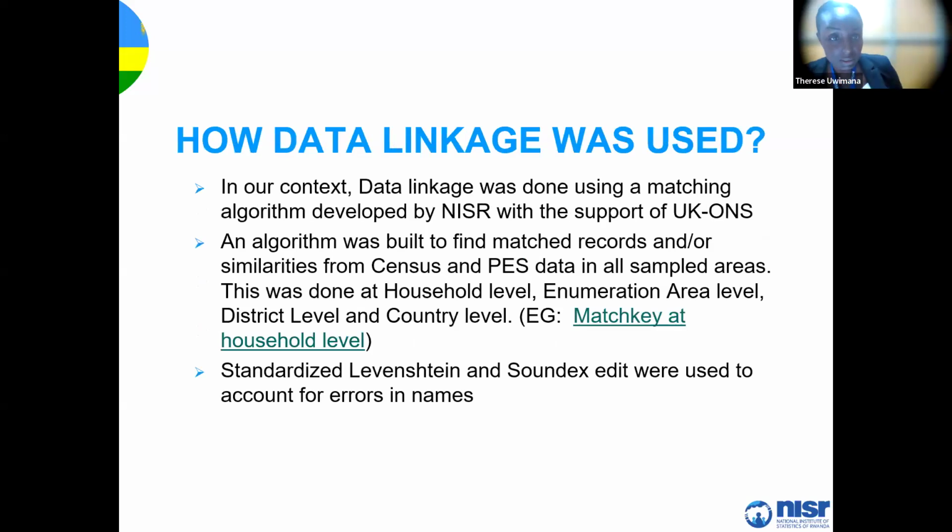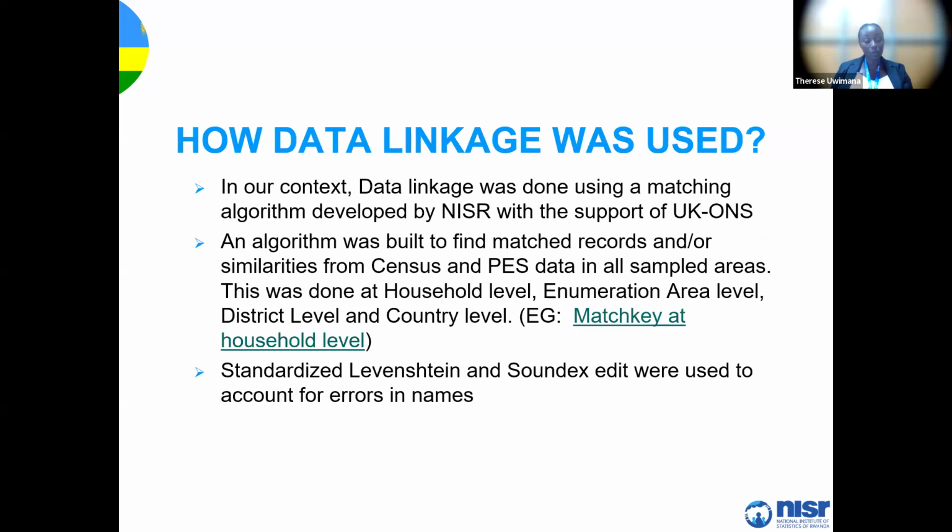So in our context, we developed a matching algorithm using Python. And the algorithm was to assess similarities between same entity, or in this case, same household, be it in census and post-enumeration survey. Because we visited the same sampled enumeration area, but then with different enumerators and different techniques.